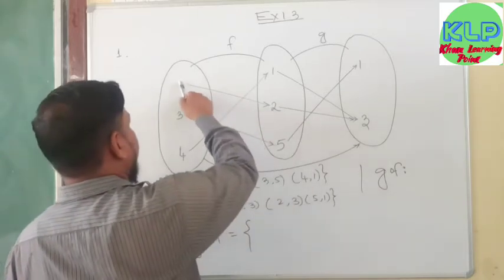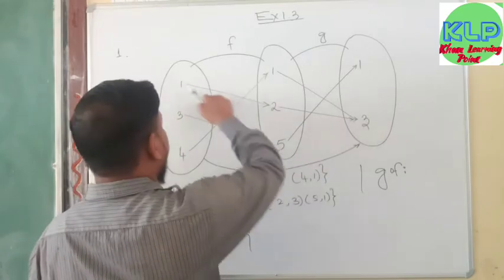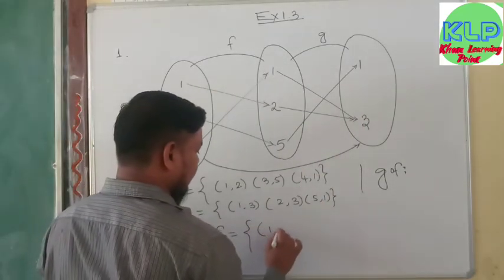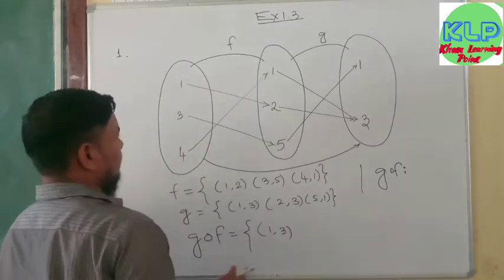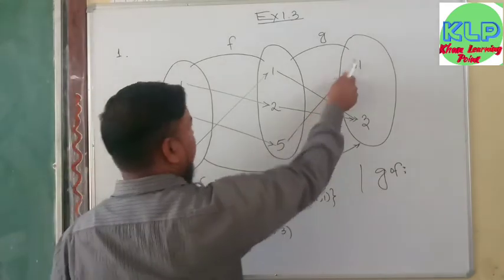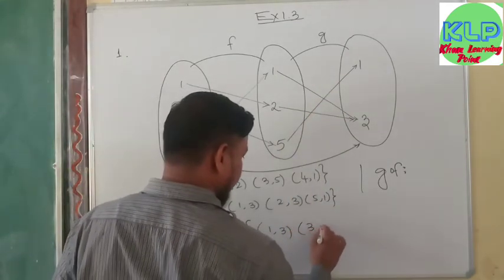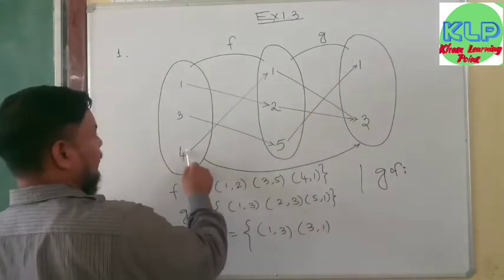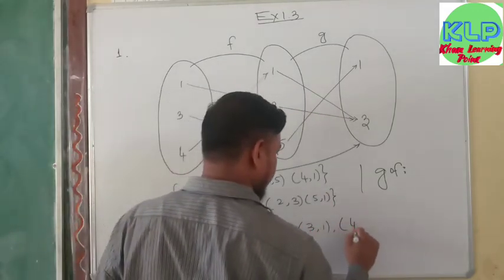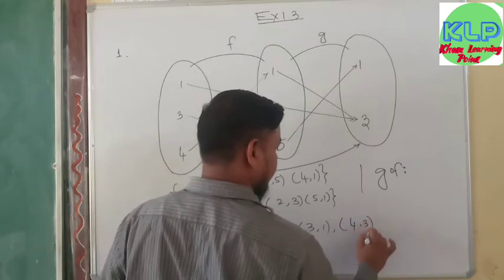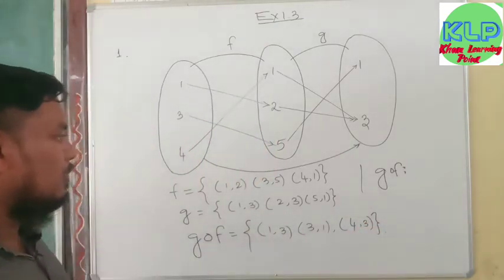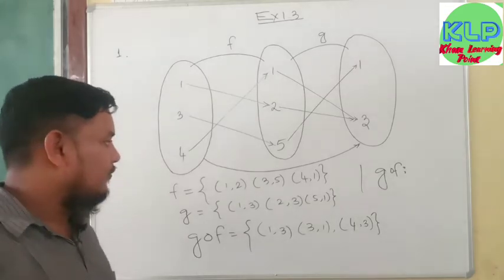Finally the image of 1 is 3, hence in gof the image of 1 will be 3. Next, 3 goes to 5 and 5 goes to 1, so 3 maps to 1. And 4 goes to 1, and 1 goes to 3, hence 4 maps to 3. So this is the function gof, the composition of two functions f and g.